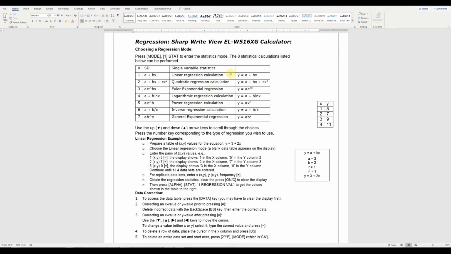We have linear regression, quadratic regression, Euler exponential regression, logarithmic regression, base E, power regression, inverse regression, and general exponential regression. And I'll be illustrating how to do this on this calculator next.